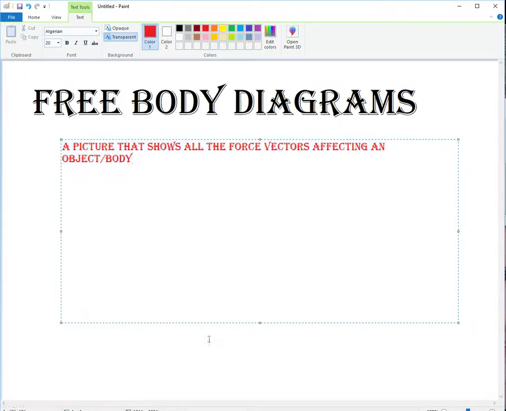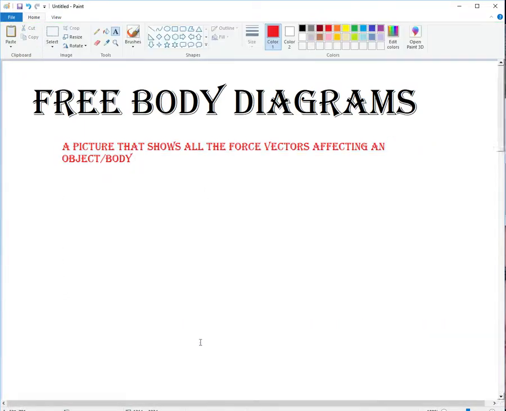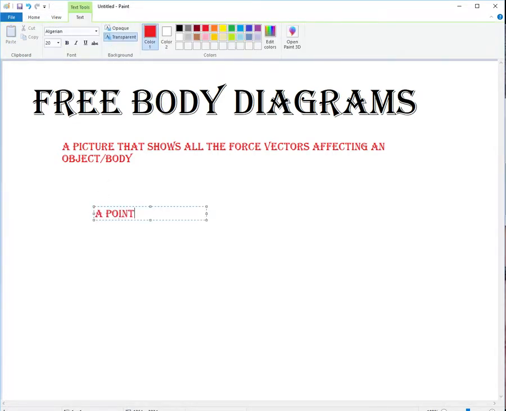What does it look like? Well, it would look like a point in the middle that represents your object.